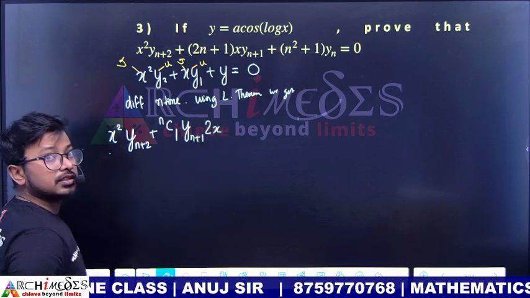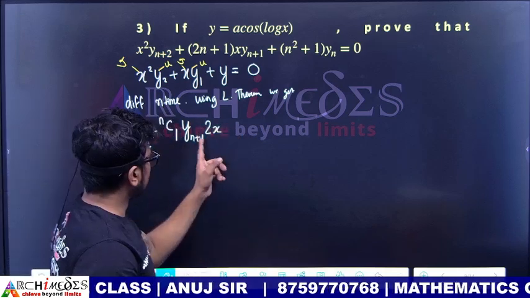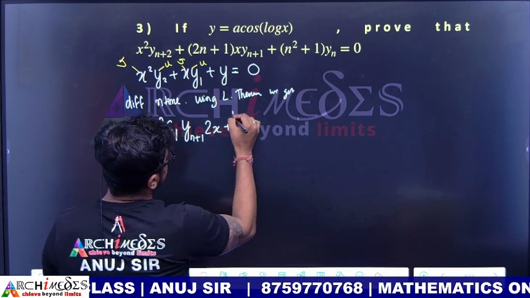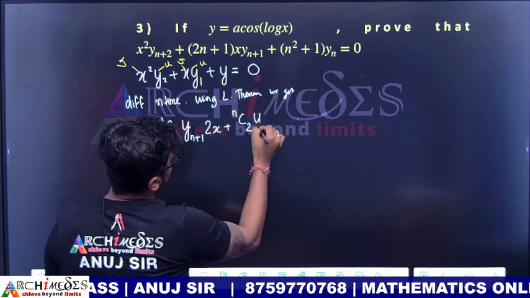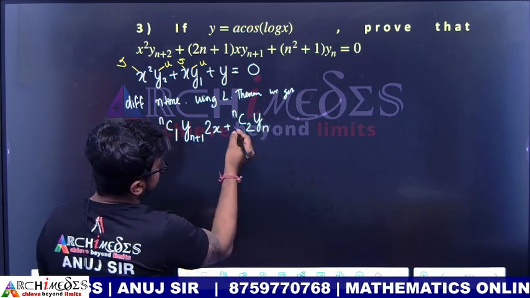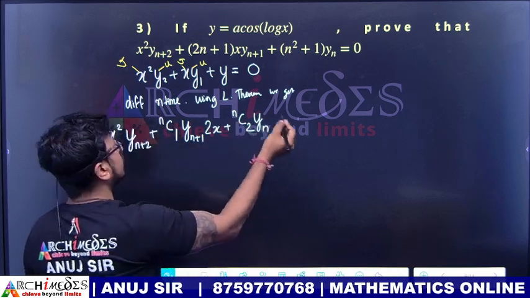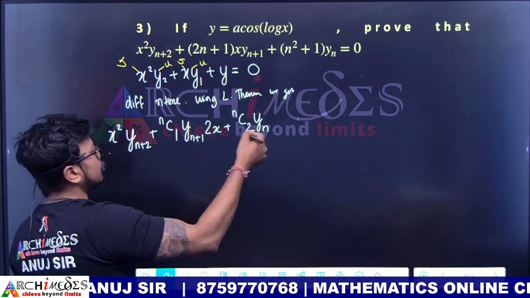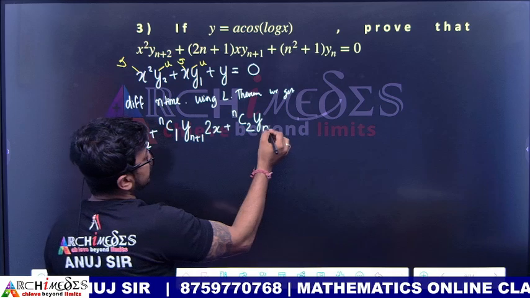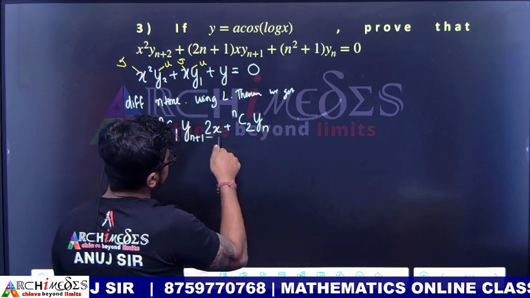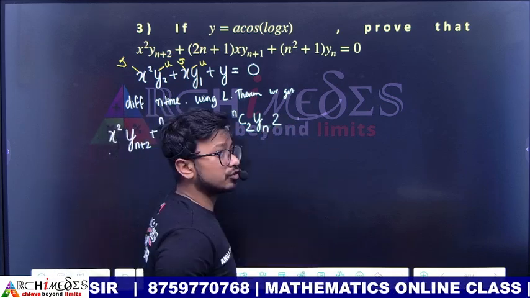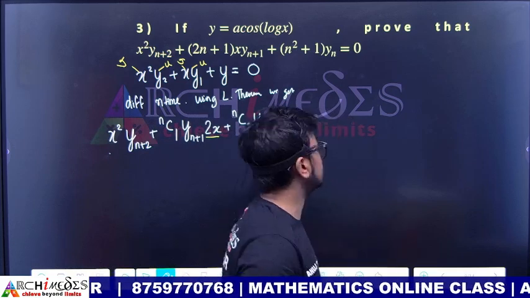Yes or no? Because n minus 1, you have to differentiate v1, plus nC2 y, you just decrease the suffix, so n. And if we differentiate 2x here, it becomes 2. After that you don't have to do because it becomes 0.